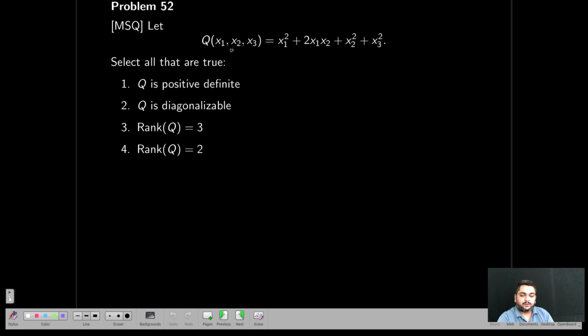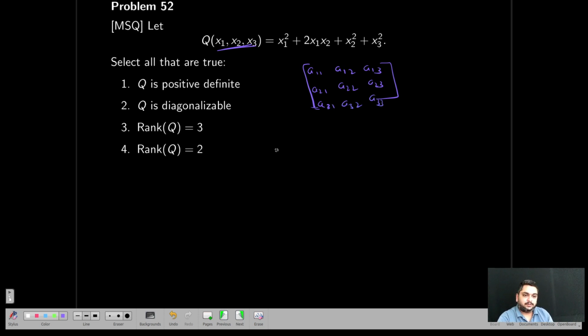Select the statements that are true for this quadratic form. So convert this again into the matrix. Here it's 3 variables, so I need a 3 cross 3 matrix. How will I write? A11, A12, A13, A21, A22, A23, A31, A32, A33.